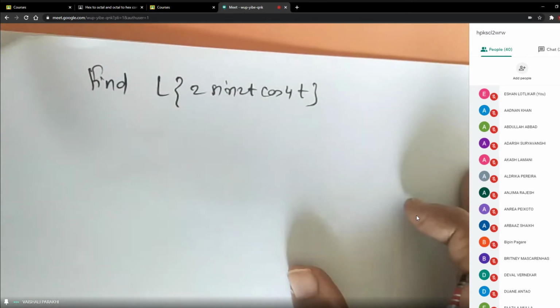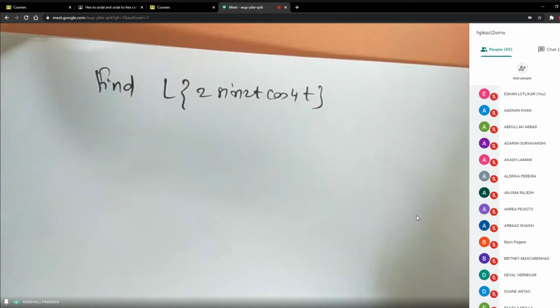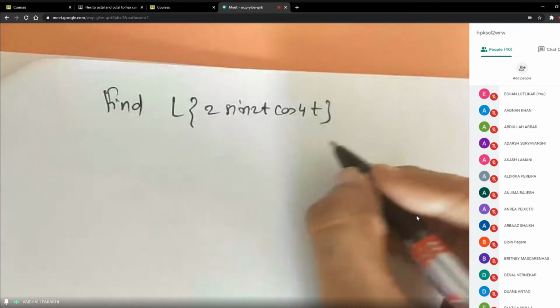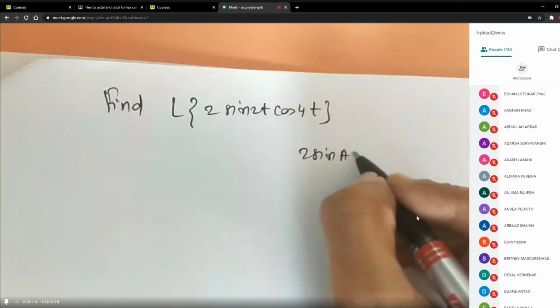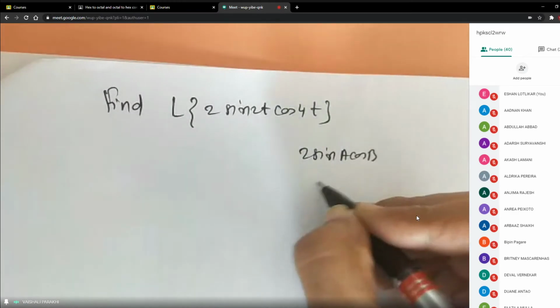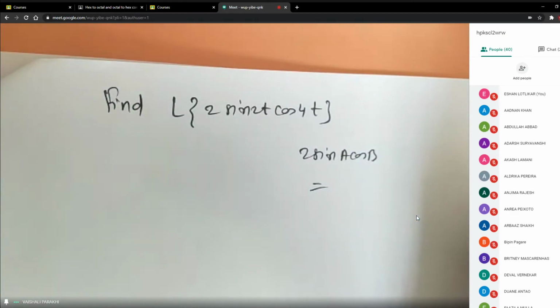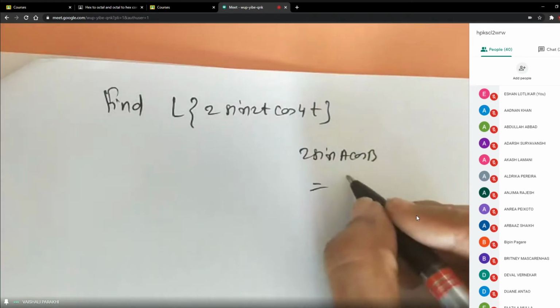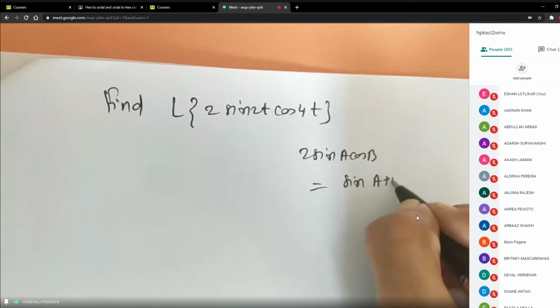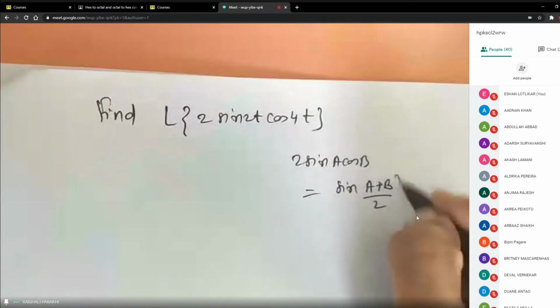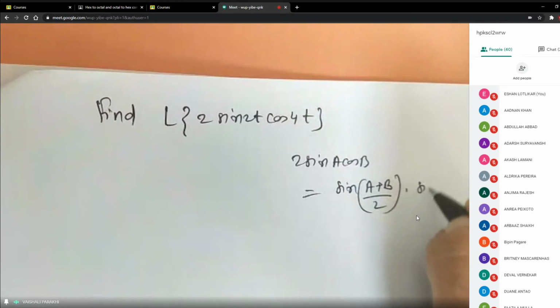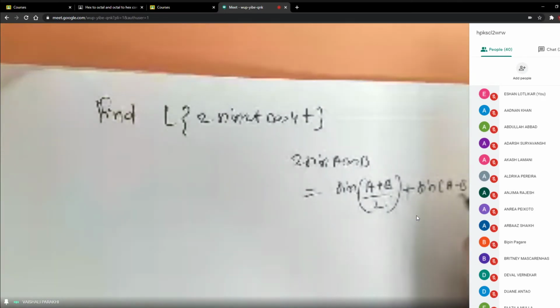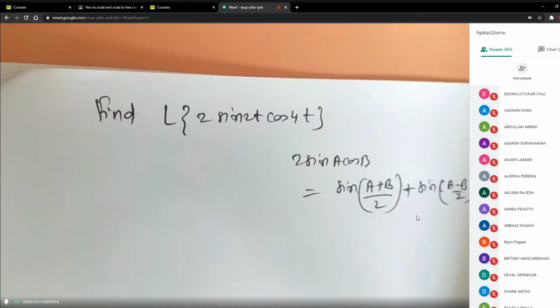Use the 2 sine of a cos of b formula. Very good. And what is the formula? Sine a plus b plus sine a minus b. Correct, no?